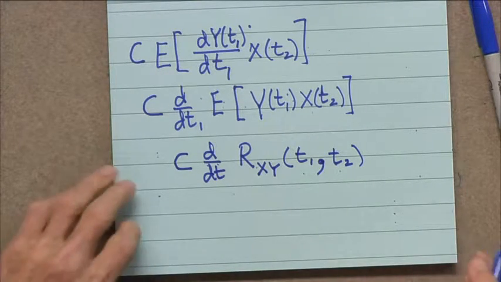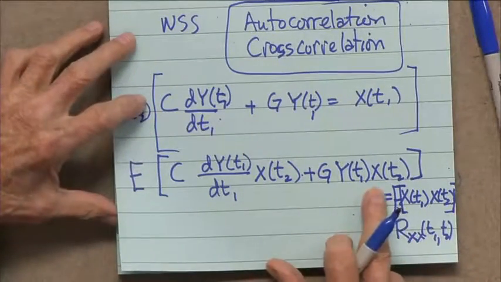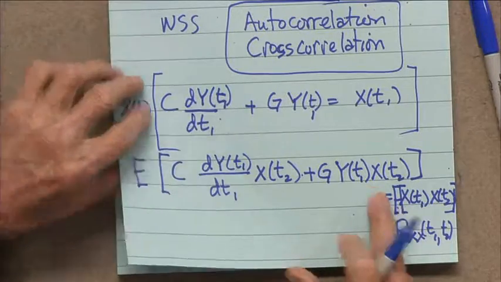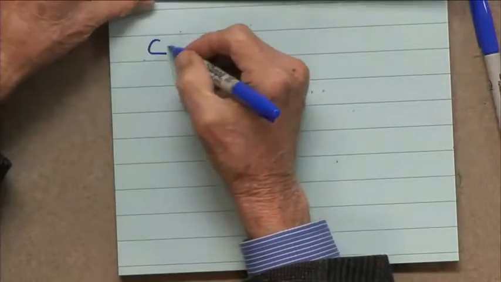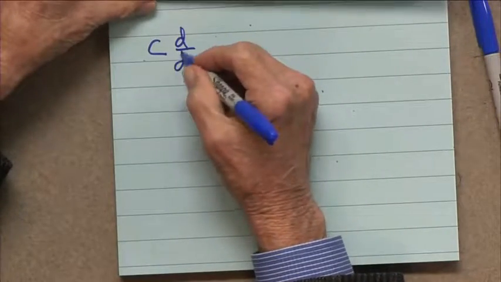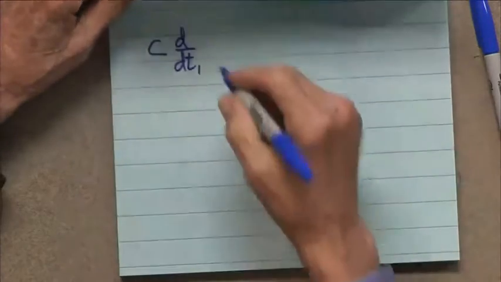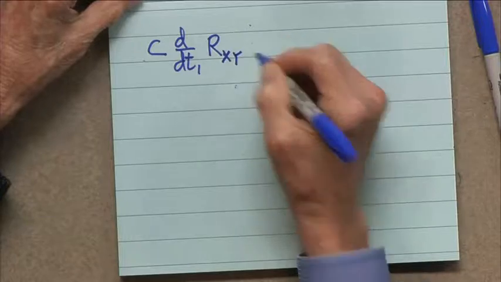So we now have a differential equation because I know what this one is, right? It's the same cross correlation. So we have C d/dt1 times r, I'm going to just write shorthand for xy.